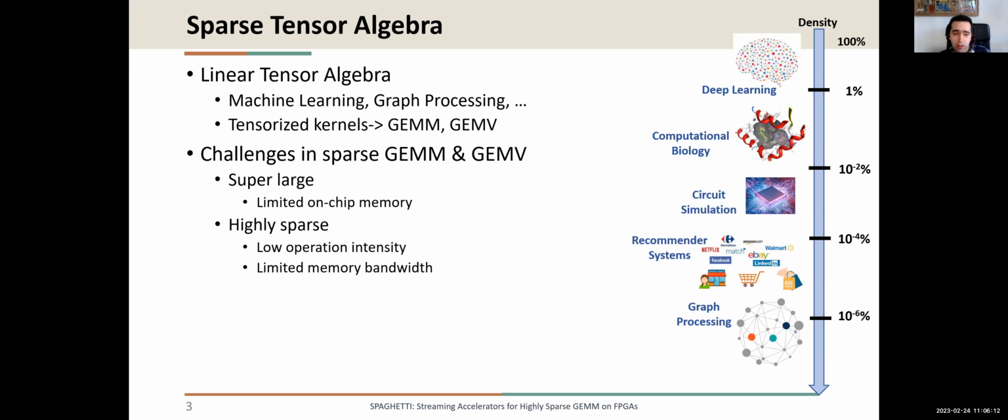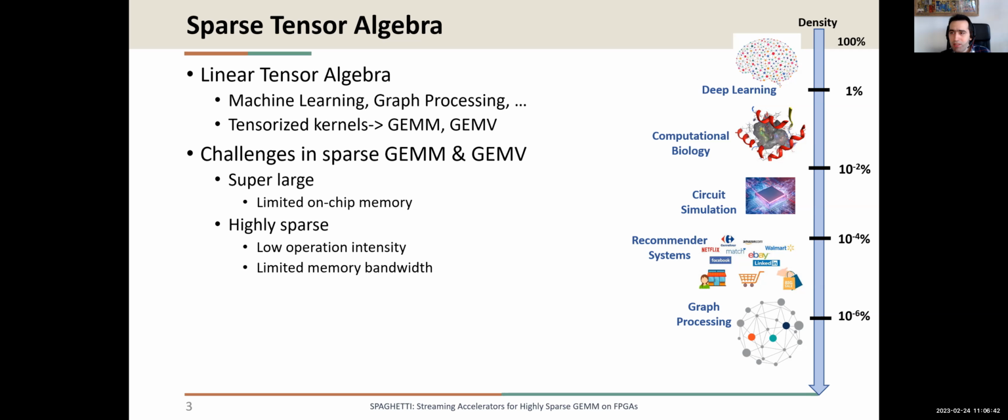Today I'm going to talk specifically about highly sparse algorithms. When the matrices are super large, because our on-chip memory is limited, we're going to have some problems. And when the tensors are highly sparse, the operation intensity will be lower than what we expect, and we cannot utilize the memory bandwidth efficiently.